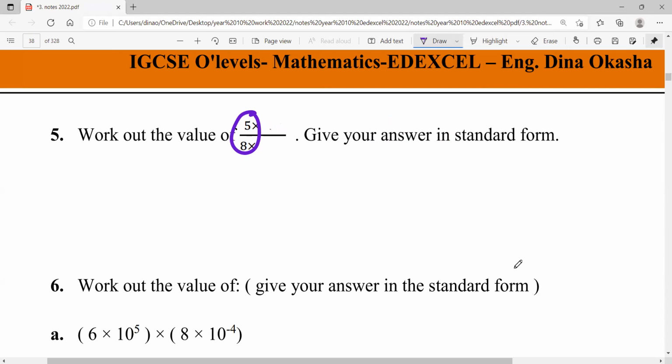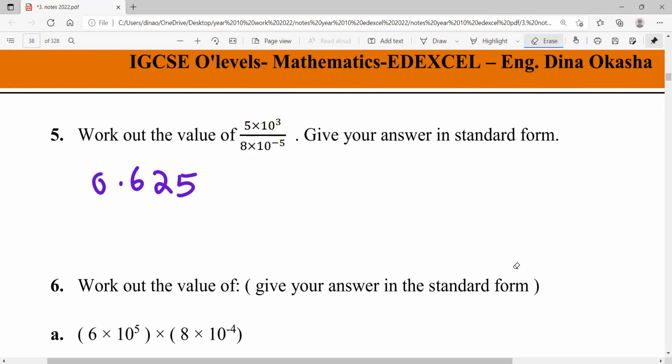Now I want you all to change the calculator back to normal, shift mode A2, because we will now work, not mentally, but with a different approach. I will work on the numerical part first. On the calculator, 5 over 8 gives 0.625. Okay? Now let's see here.